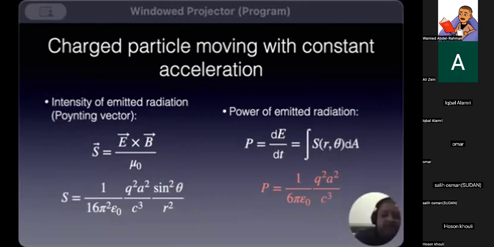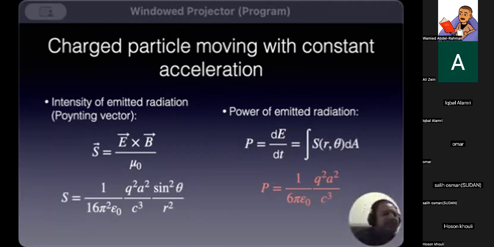And when we do this, the amount of energy lost is this integration per unit time. That's the power, because the intensity is per unit time. It is power per second. Let's say per second, how much of the energy is going out of this sphere as electromagnetic radiation. So if we know the Poynting vector, we integrate over the surface of the sphere, and this will give me the power of emitted radiation.